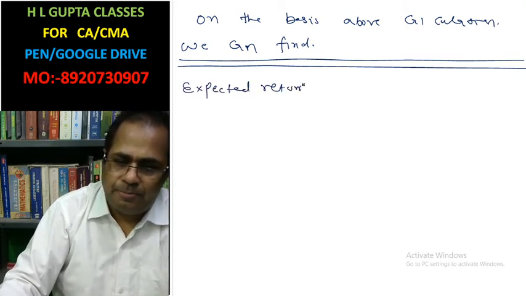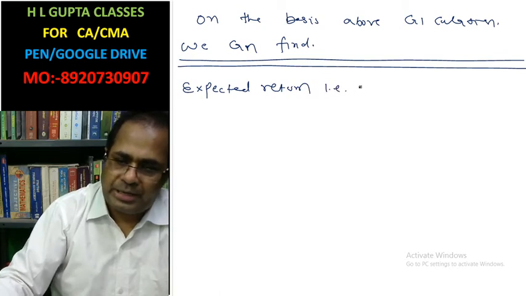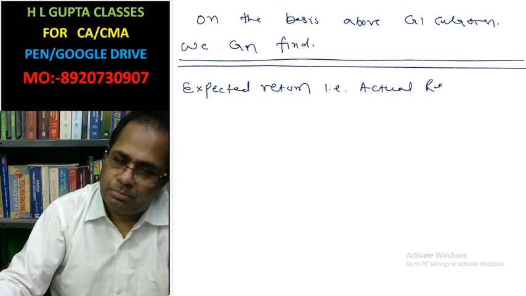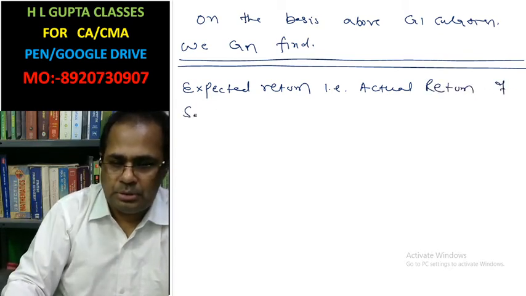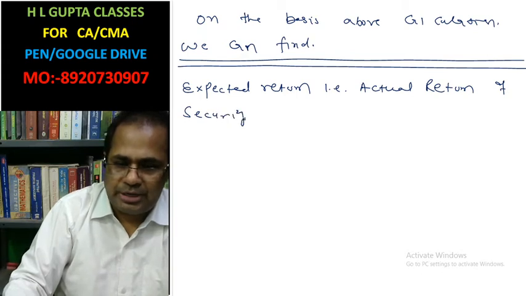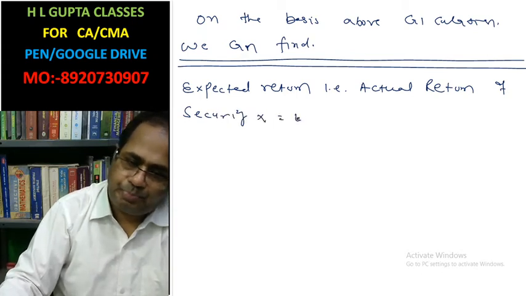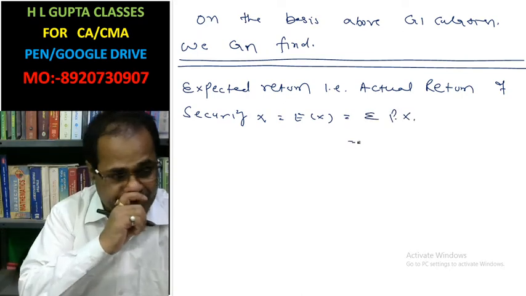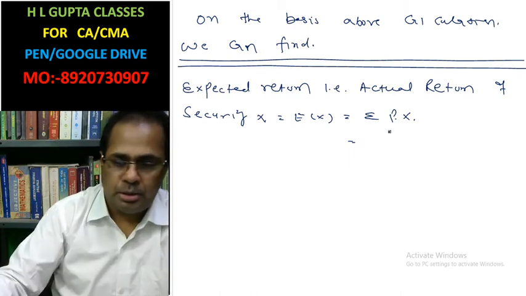Expected return, that is actual return of security X, summation pi xi.